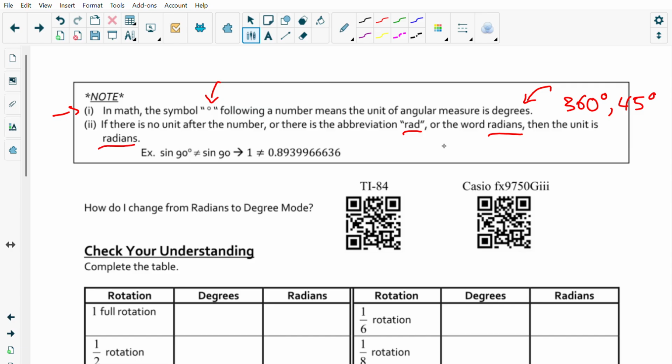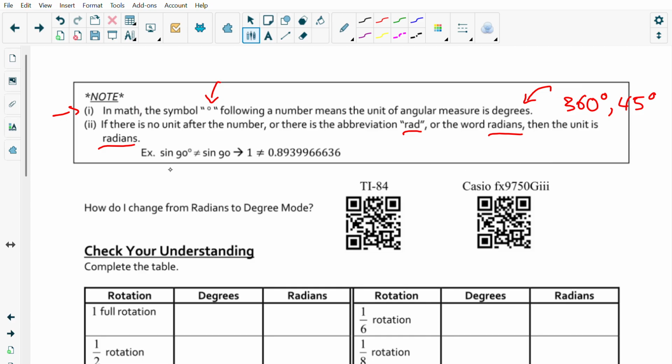For example, if you say 360 and you do not put a degree symbol, then I assume that's 360 radians. So please put a degree sign if you intend to say degrees. So I can write something like 2 pi radians. I can just say 2 pi, or I can say 2 pi rad, or I can write the radians in full.